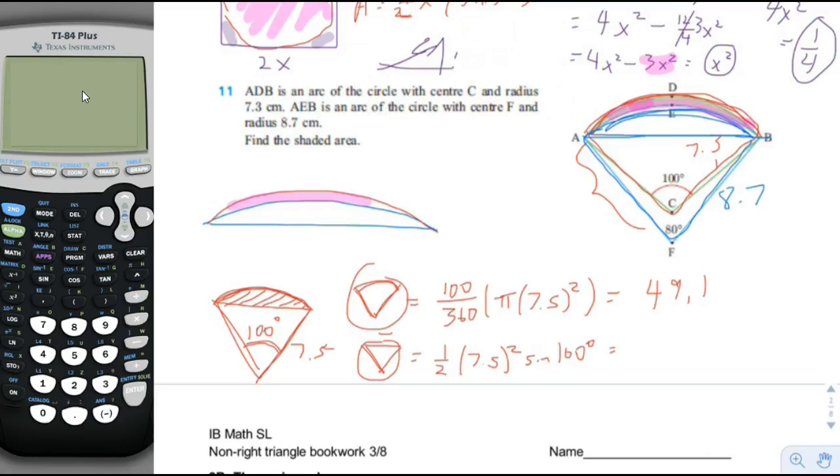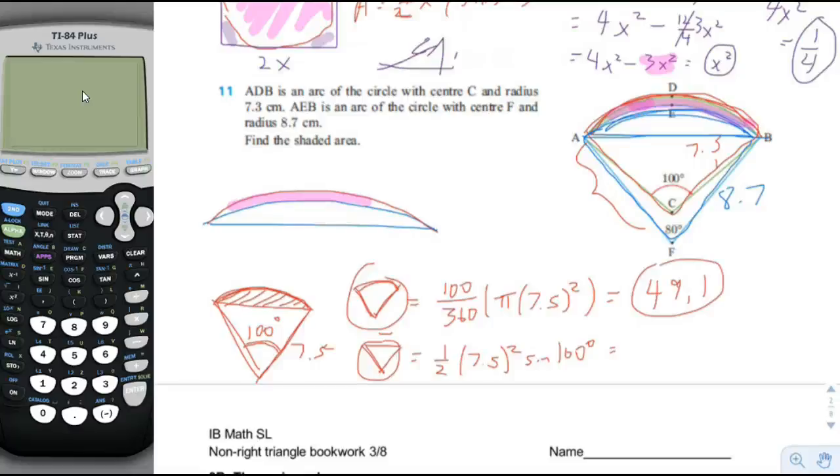I'm going to do that one more time just to see if I did that right: 100 divided by 360 times pi times 7.5 times 7.5. 49, okay, that's right, 49.1.